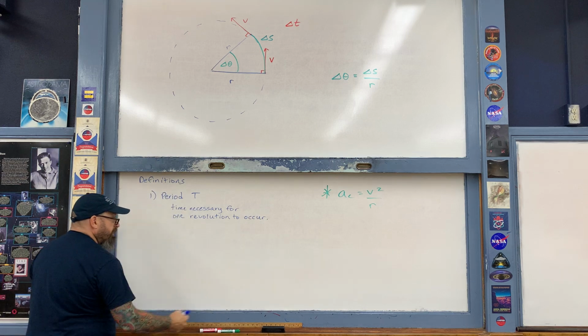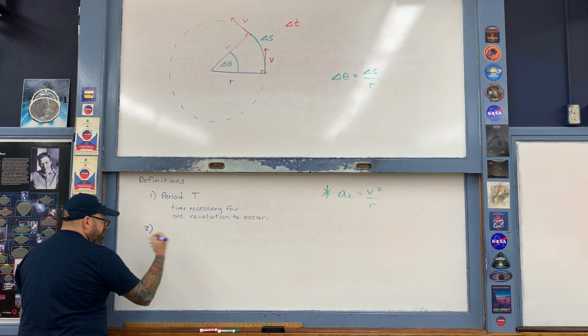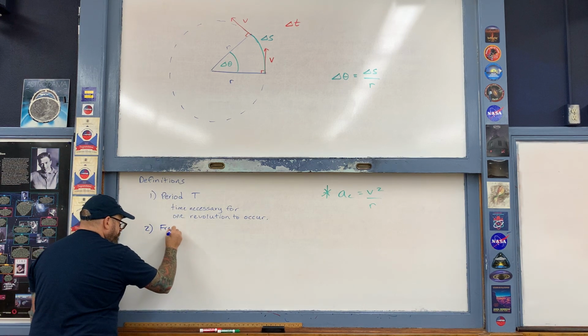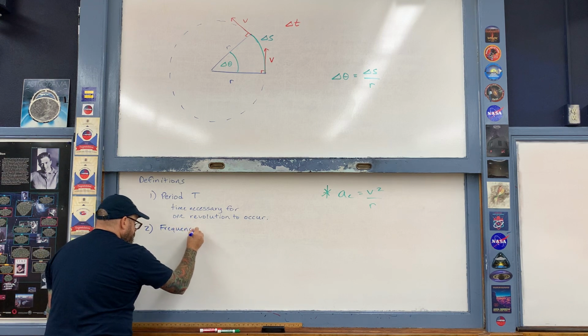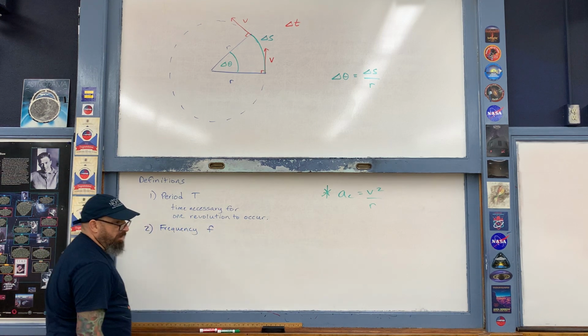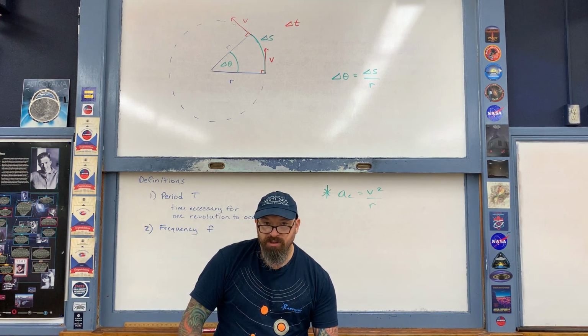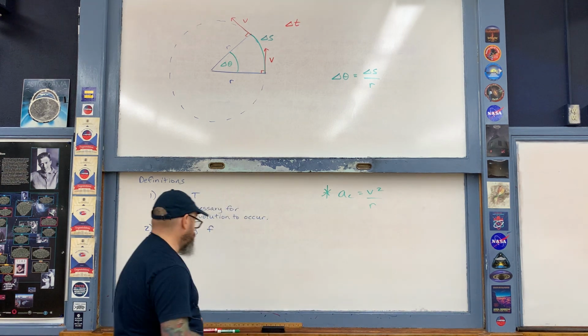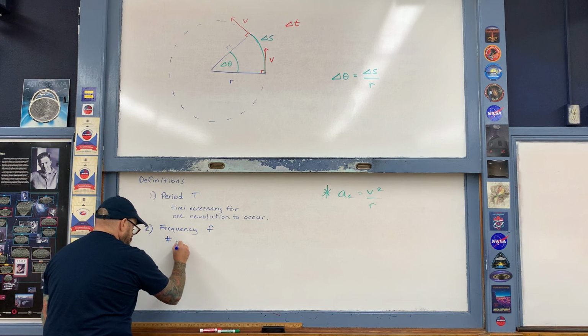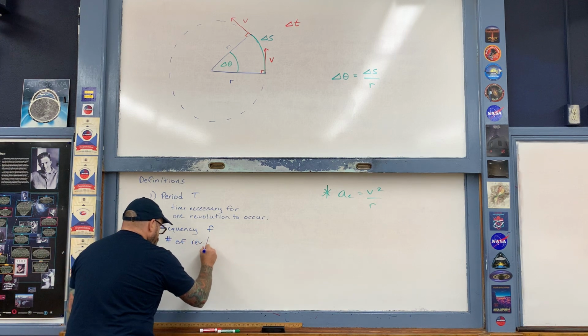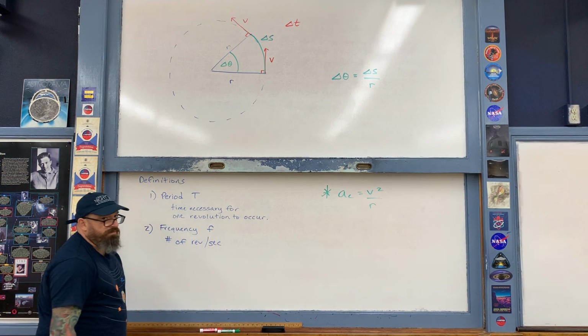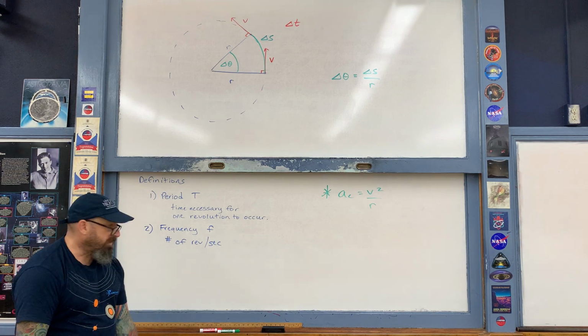Okay, that's very much related to another definition that you have also heard, and this is what is called frequency. Frequency is abbreviated as small f. Frequency is the number of revolutions that occurs per second. Now, frequency is a new quantity for us, so let's go ahead and check the units.